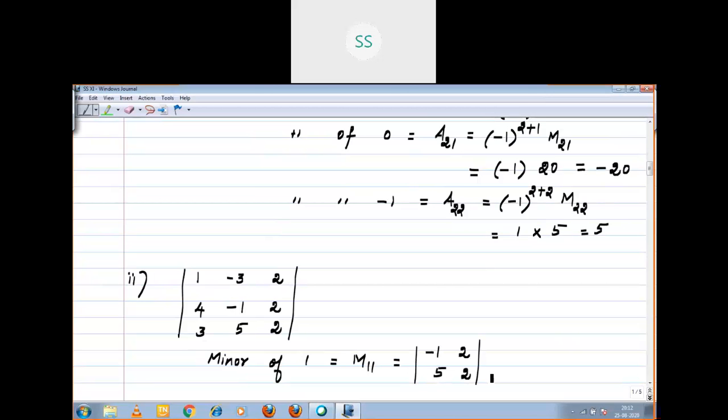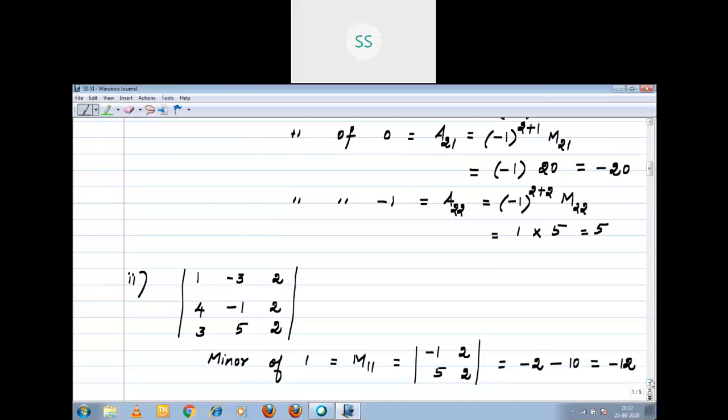Now, how to find the determinant value? Product of main diagonal minus product of sub-diagonal. So your answer is minus 12. Got it, children? Which element you are selecting, that particular row and column should be deleted.